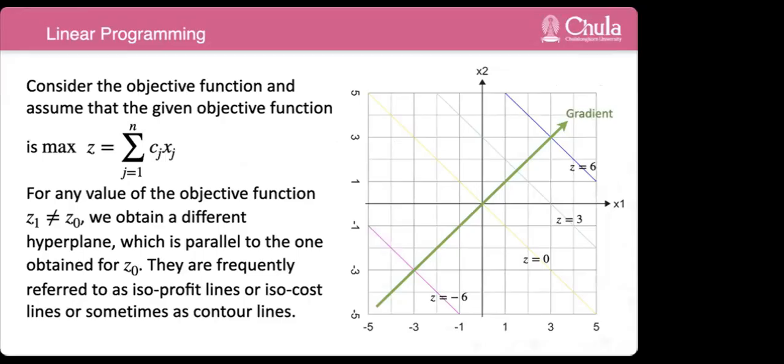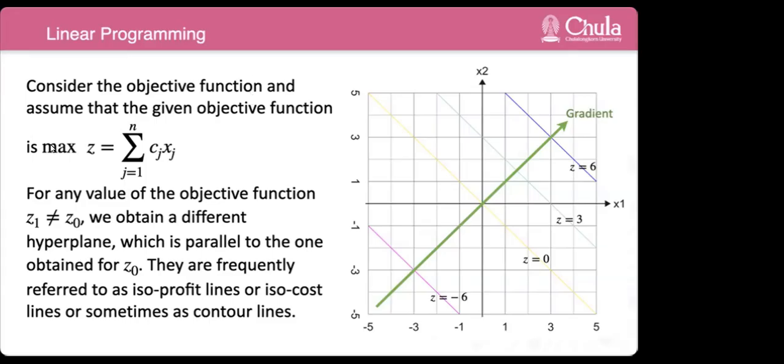Okay, so now we consider the objective function alone without constraints. The question is, how can we solve the linear programming? We can do it by analyzing the objective function.